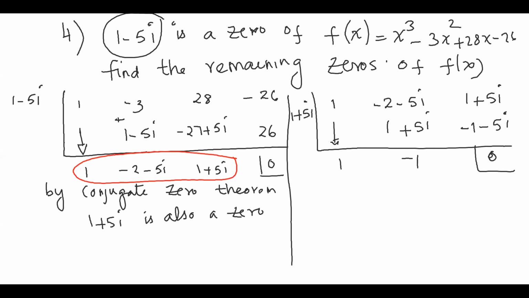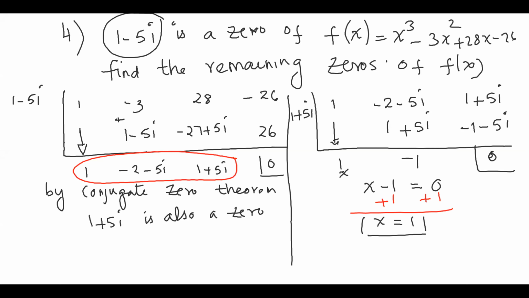The quotient is going to be x minus 1, where this is x and this is the constant. So we get x minus 1 as a factor. Set it equal to 0 and solve for x. So we get x equal to 1 as the third 0.